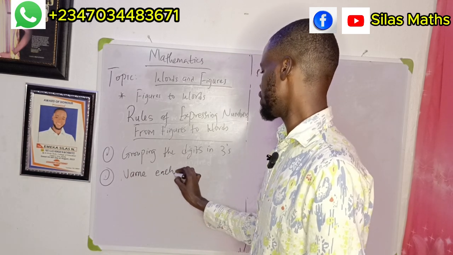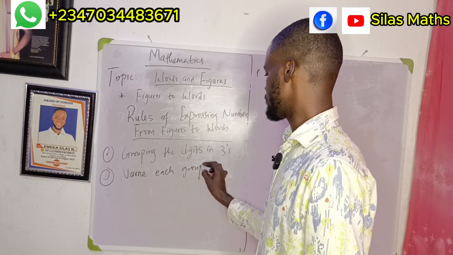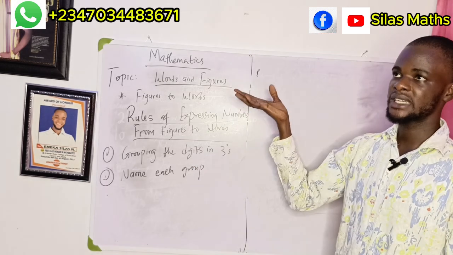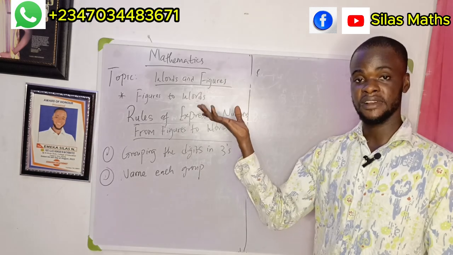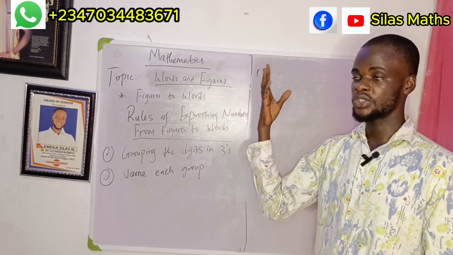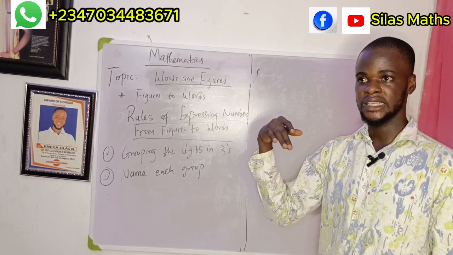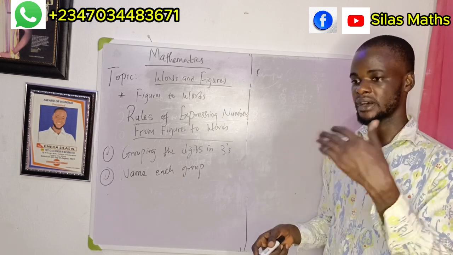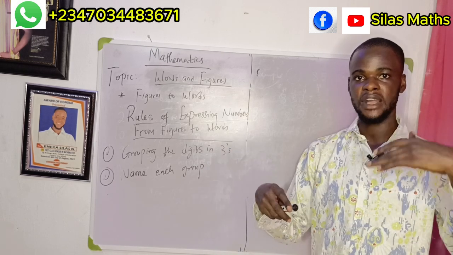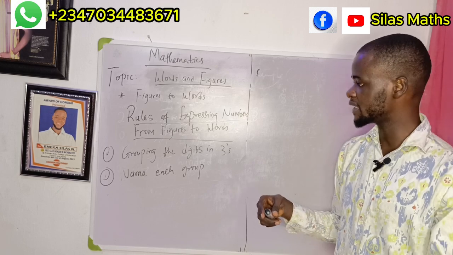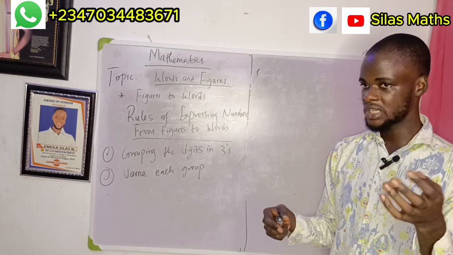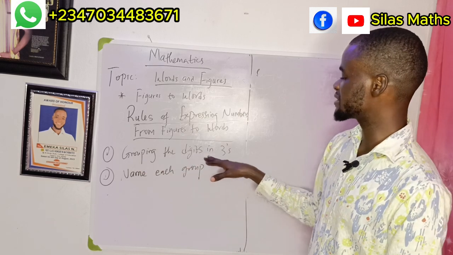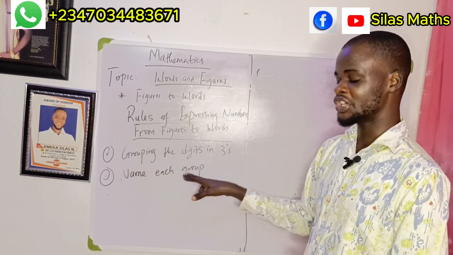Each group has its family name, like we treated when we were learning place value. We have units, tens, hundreds, then after the hundreds group we have thousand, after thousand we have million, and then billion, trillion, quadrillion, and so on. After grouping in threes, we go ahead and name each group.